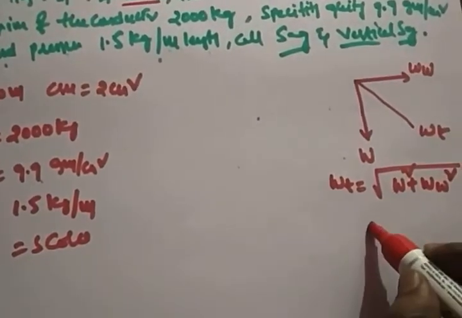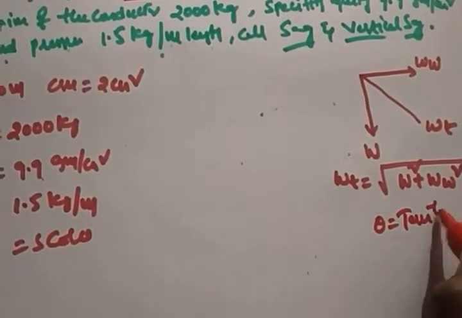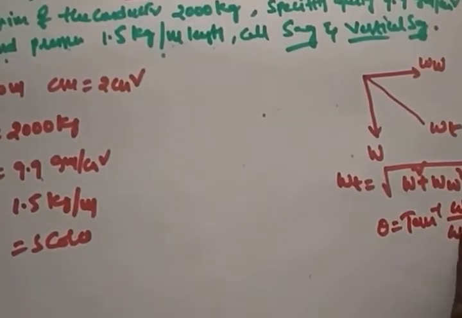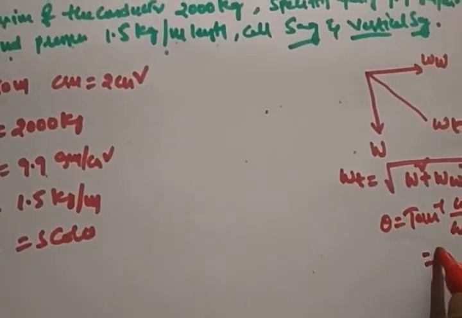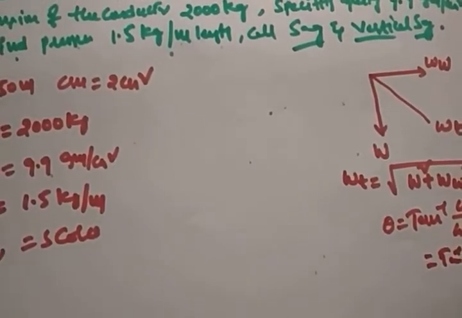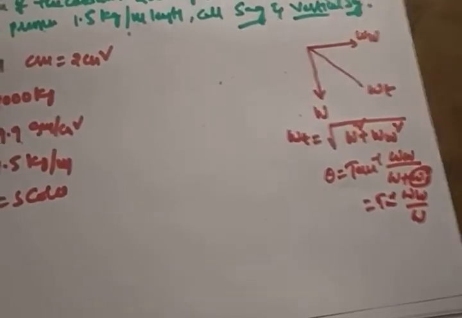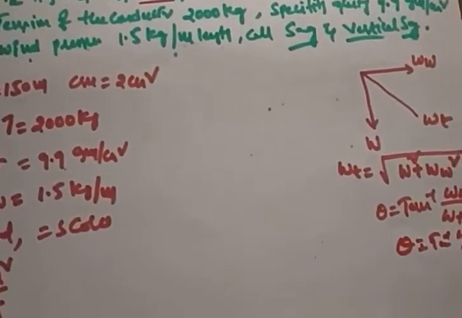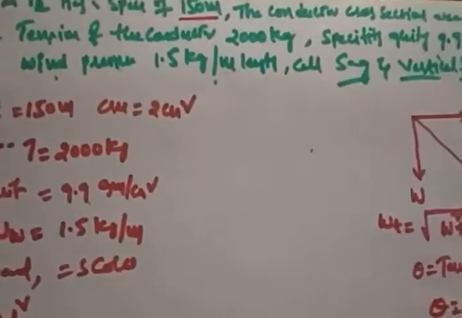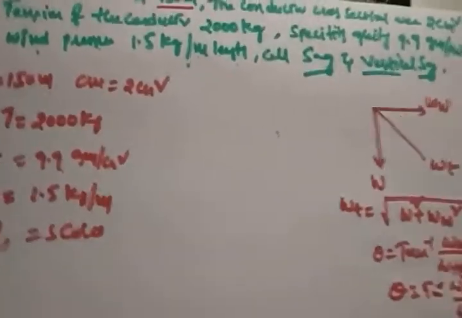So what is the theta? Tan inverse WW by W plus Wi. You don't have any Wi, so tan inverse WW by only W. So this is the formula for theta. You know the theta, you know the S value, calculate the vertical sag. Right? Now we'll solve the problem.